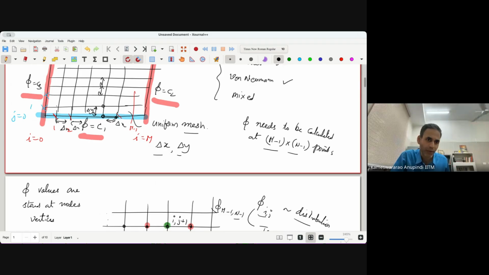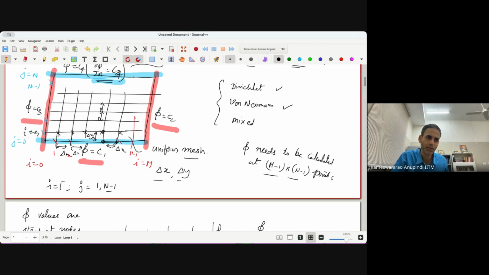For example, let us look at i equals 1, and j going from 1 to n minus 1, because 0 is already the boundary.